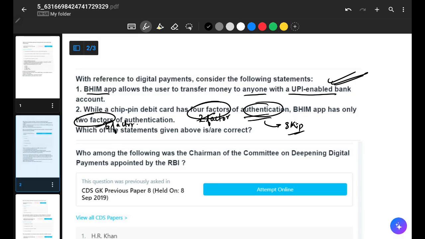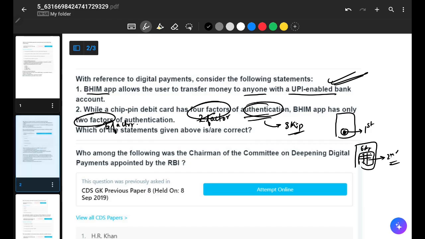What is this authentication? For example, if you're doing a UPI transaction, first of all you will have to use your fingerprint to open the app. Okay, that is the first factor of authentication. Next, when you make a transaction, you need to enter the 6-digit code. That code you'll enter. That is another factor of authentication.